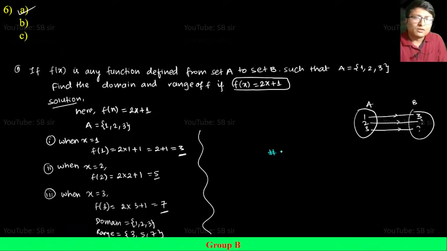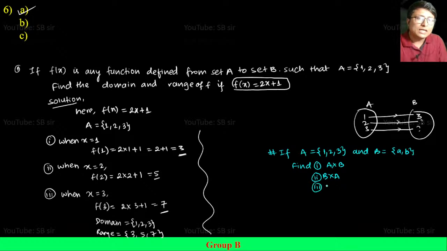The questions like: if A is equal to {1, 2, 3} and B is equal to {a, b}, find the value of A cross B. Find number 1, A cross B, number 2, B cross A, number 3, n(A cross B), number 4, is n(A) into n(B) equal to n(A cross B). Such types of questions might be asked in question number 6a.